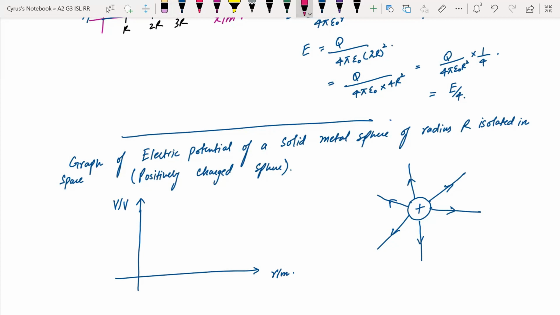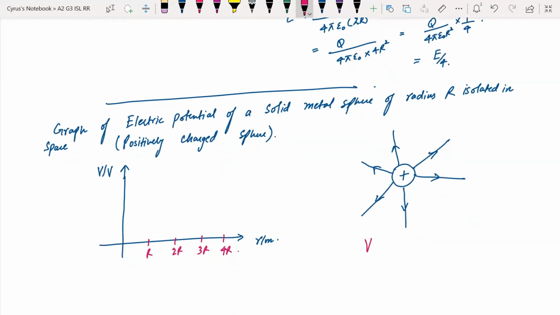What sort of graph can you expect if you have R here and this is 2R, and this is 3R, and this is 4R. Formula of the electric potential is V is equal to Q over 4 pi epsilon naught R.